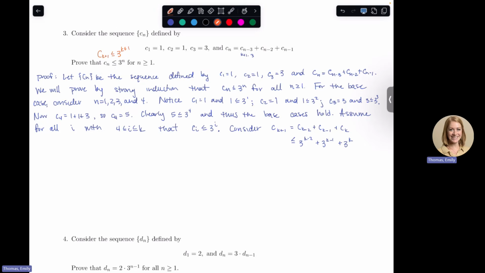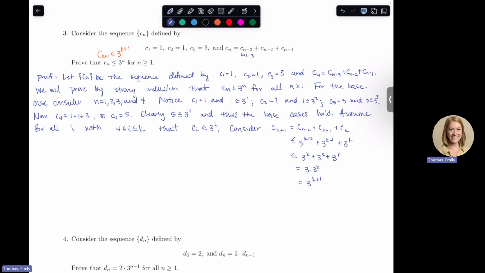Okay, how am I going to do that? That is less than 3 to the k plus 3 to the k plus 3 to the k. Why does Brian know that 3 to the k minus 2 is smaller than 3 to the k?